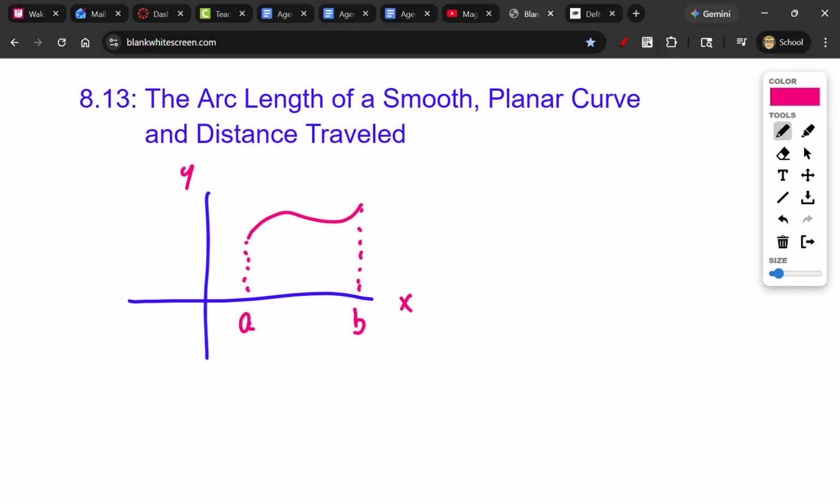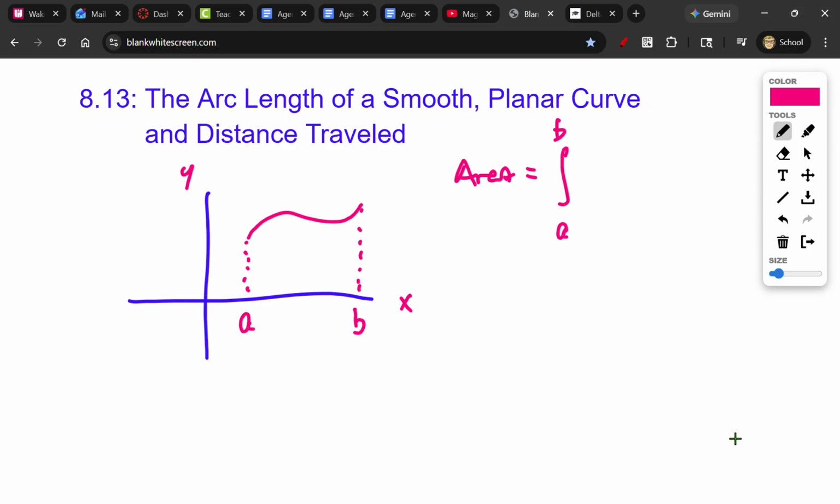The area is found by summing together a bunch of really thin rectangles. And if the rectangles have a finite width, we call that a Riemann sum, right? But the integral from A to B is actually the limit as those rectangles get super thin and approach a width of 0.